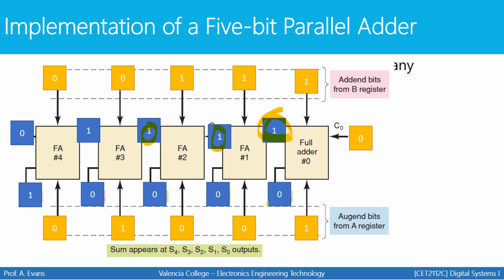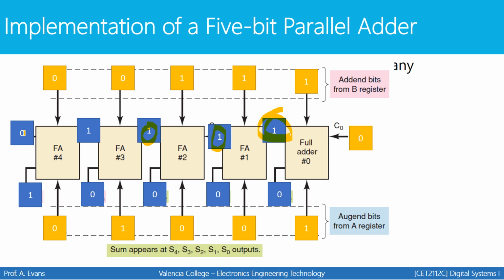We can also see that the outputs for full adder number 2, you're going to have a sum of 0 and a carry of 1. And then the output of C5 is a 0. So this is an implementation of that circuit that we just designed.